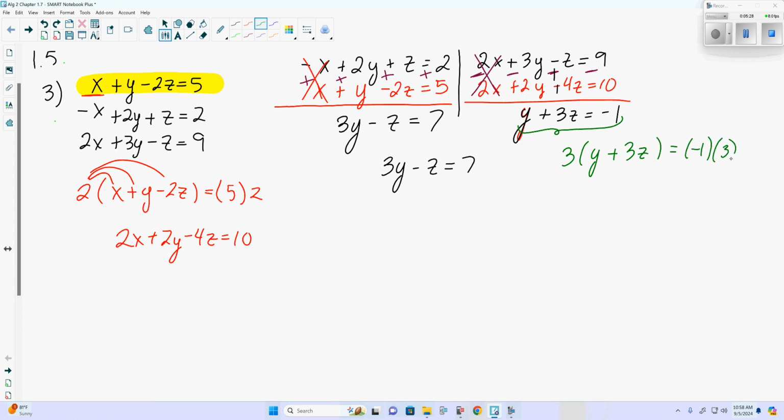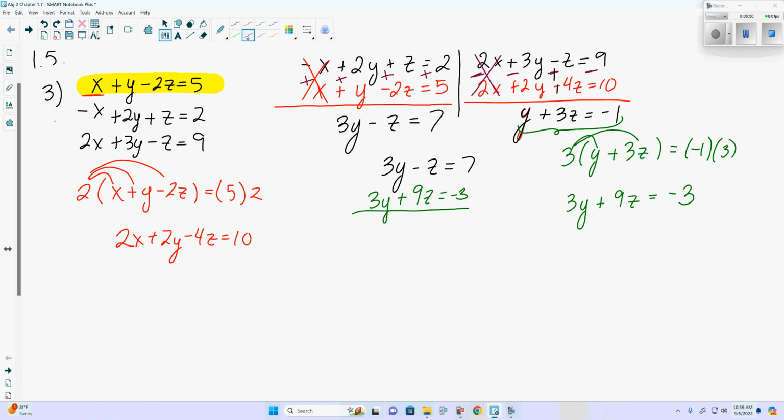Well, that is 3. So 3 times our y would be 3y, just like we wanted. 3 times 3z would be plus 9z. And our negative 1 times 3 is negative 3. 3y plus 9z is equal to negative 3.